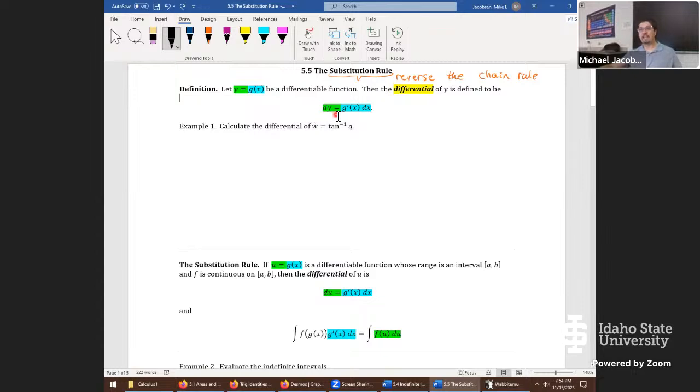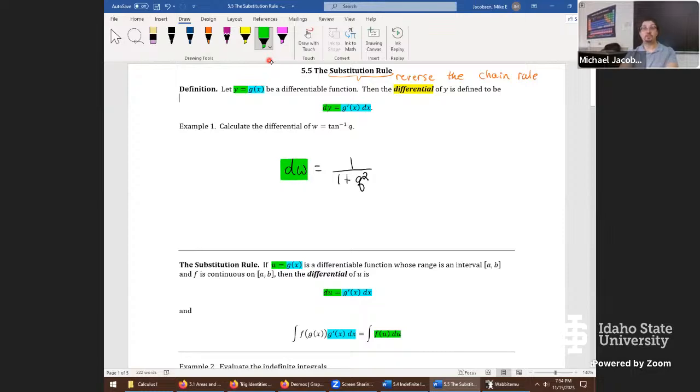It's w equals tangent inverse of q, as weird as possible. But you would start by taking that w, put it in as a dw. Go to tangent inverse. This one has a derivative that goes 1 over 1 plus your variable squared. The variable is q, so we put in q squared right here.